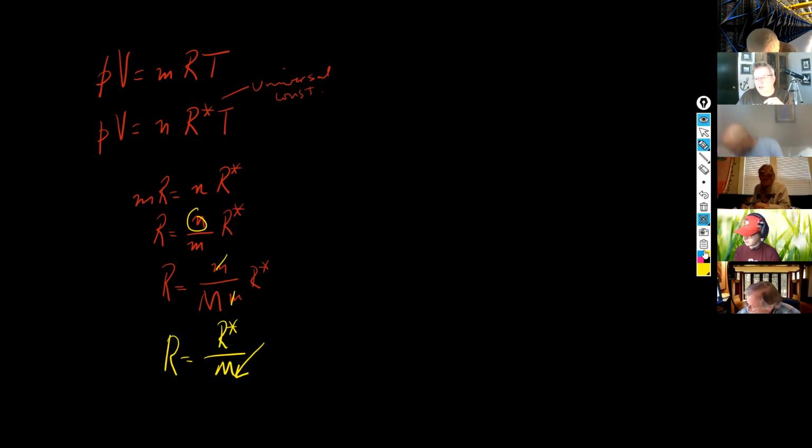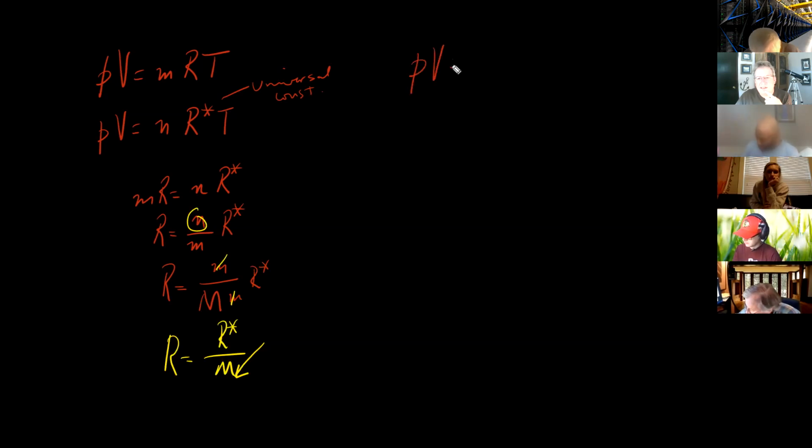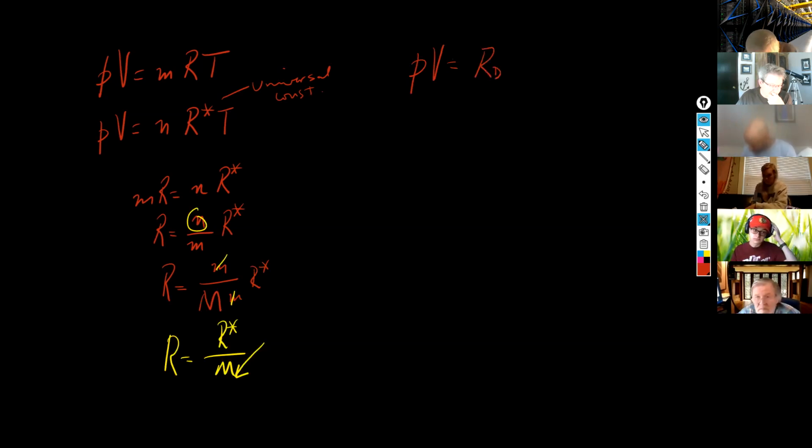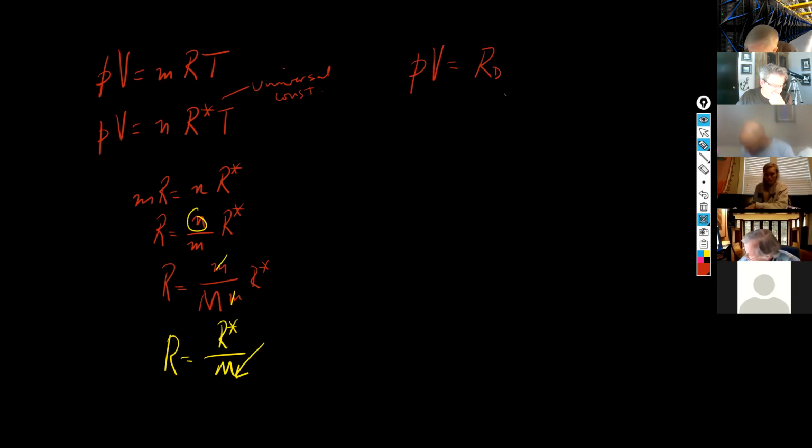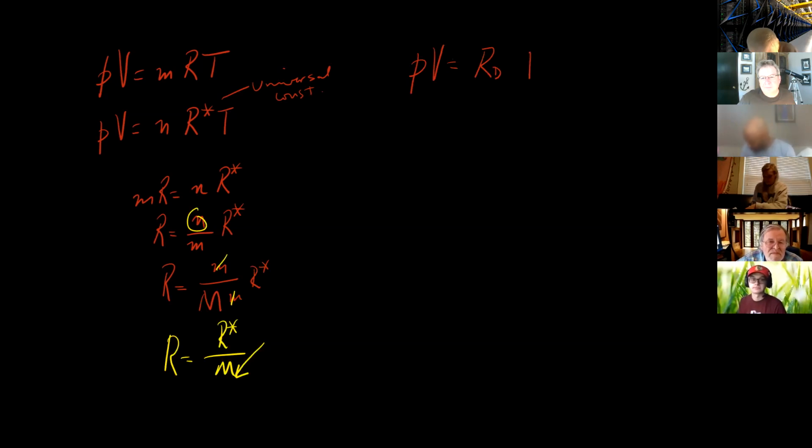As a result, instead of using this, I'm going to go to PV equals R_d times T times rho.